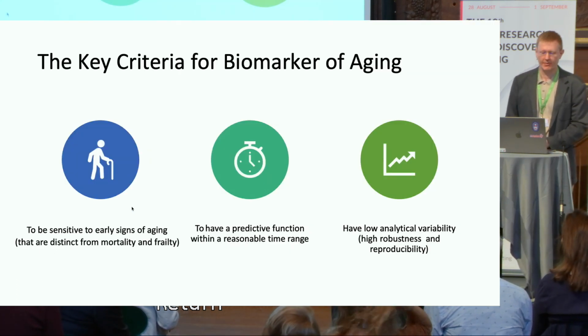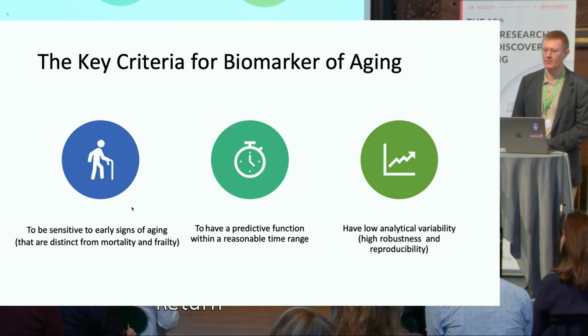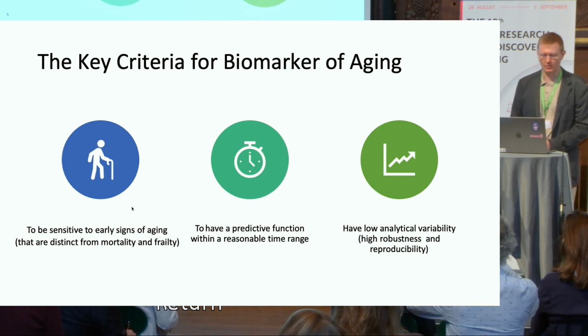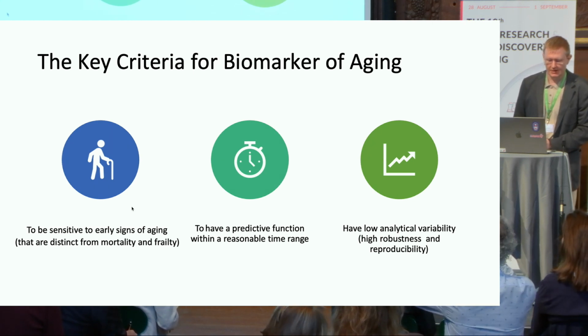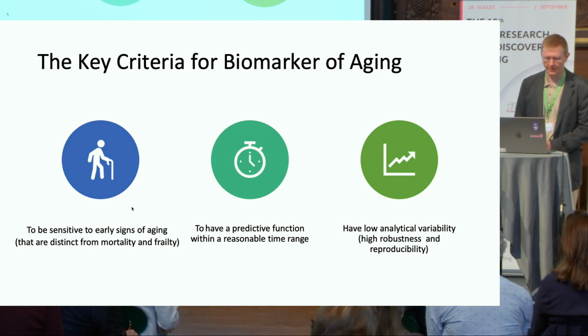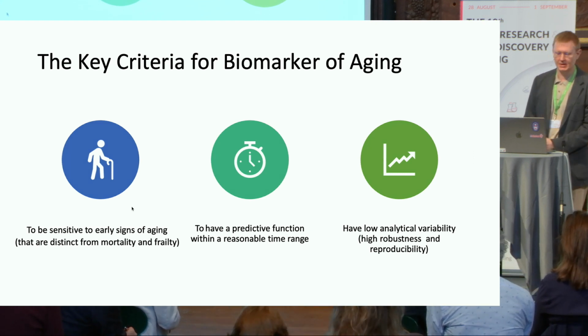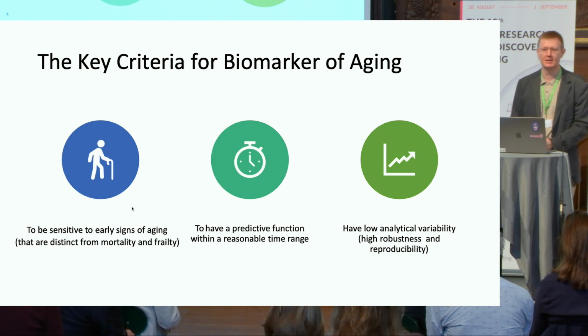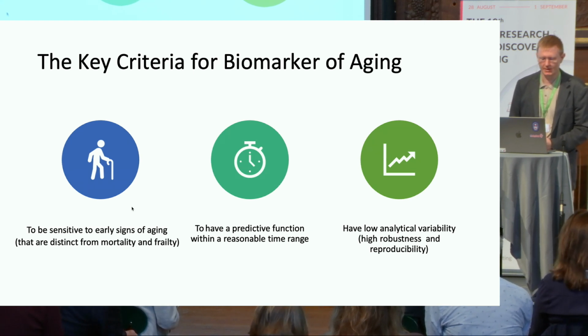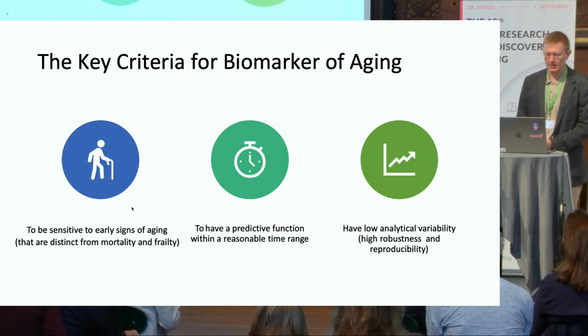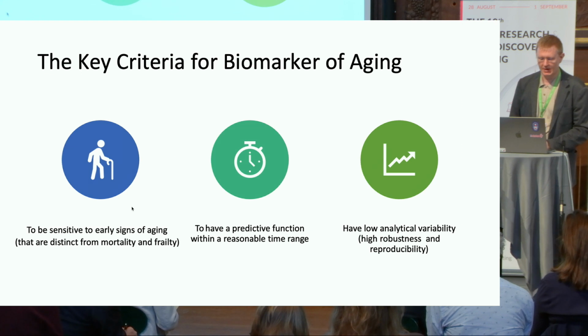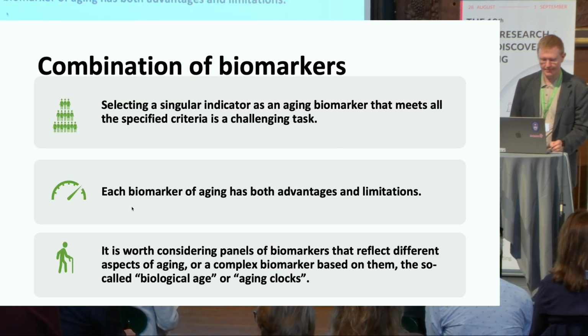The key criteria of a biomarker of aging, from my point of view, are to be sensitive to early signs of aging that are distinct from mortality or frailty index, to have a predictive function within a reasonable time range, and to have low analytical variability, high robustness, and reproducibility.